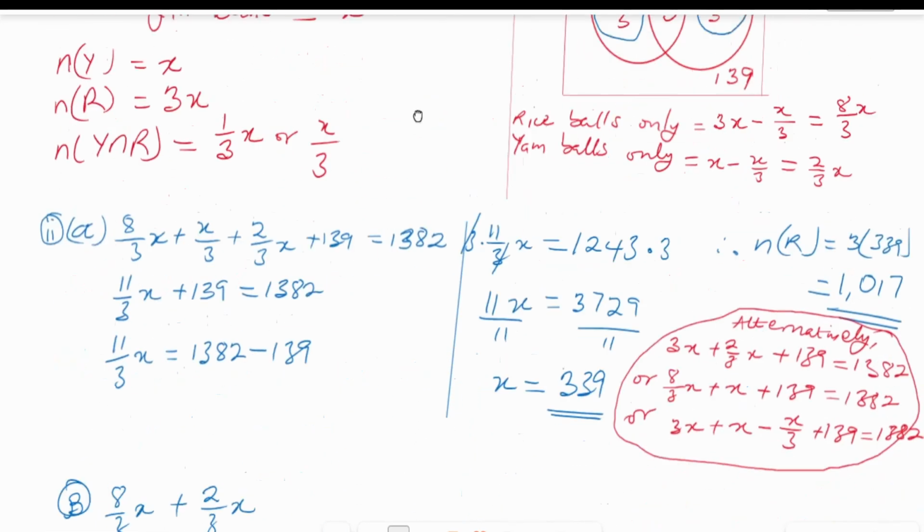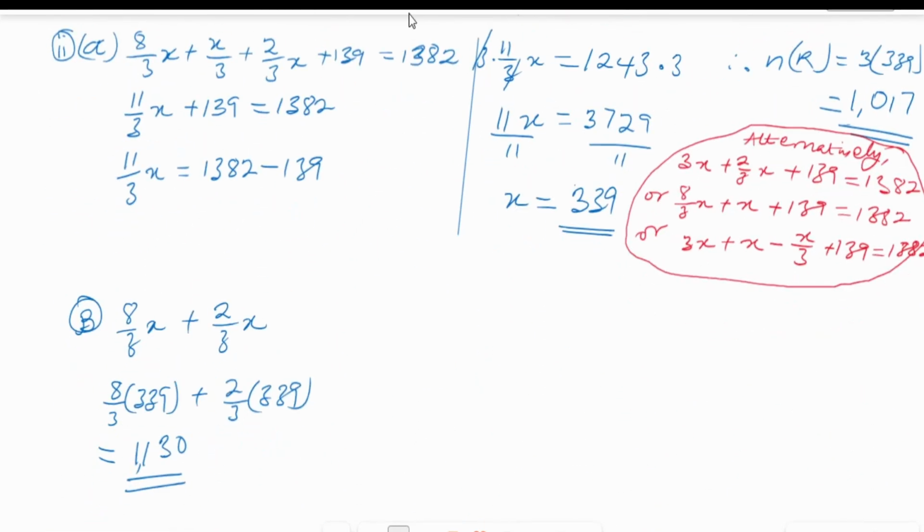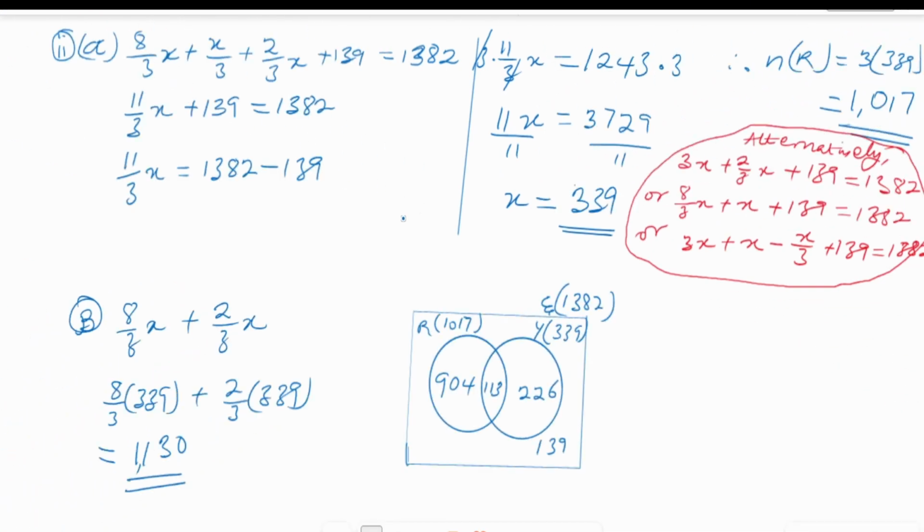Let me quickly add that some will also redraw the Venn diagram where they'll have the value of x plugged in. And then with that, you don't need to do all these calculations. You just pick the numbers from the Venn diagram. So redrawing the Venn diagram, and there you have it. So if you did this earlier, then you might not need to do all the other calculation because you just use the numbers.